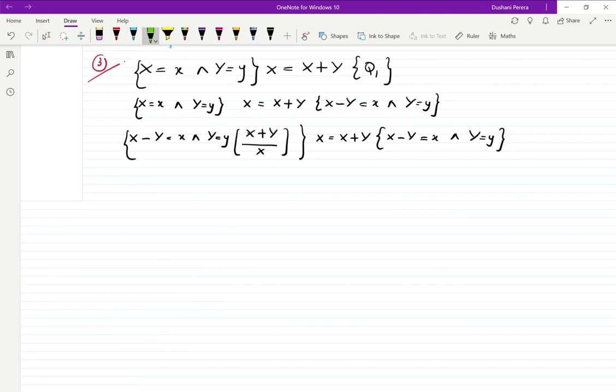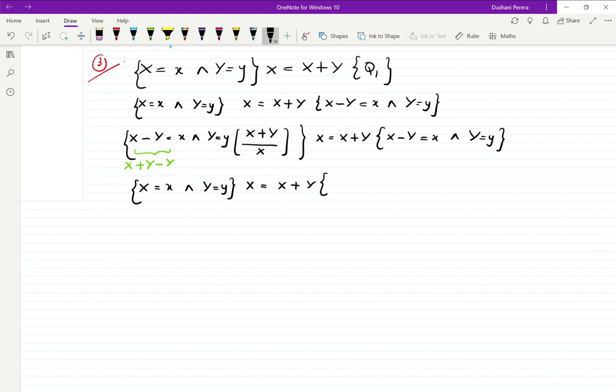So when we apply E to x here, we have x plus y minus y. So what we get is x equals x, and y equals y. X equals x plus y.